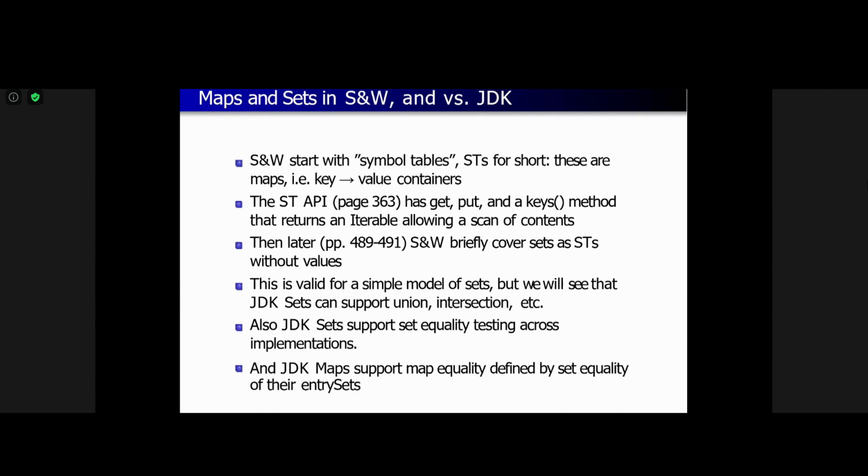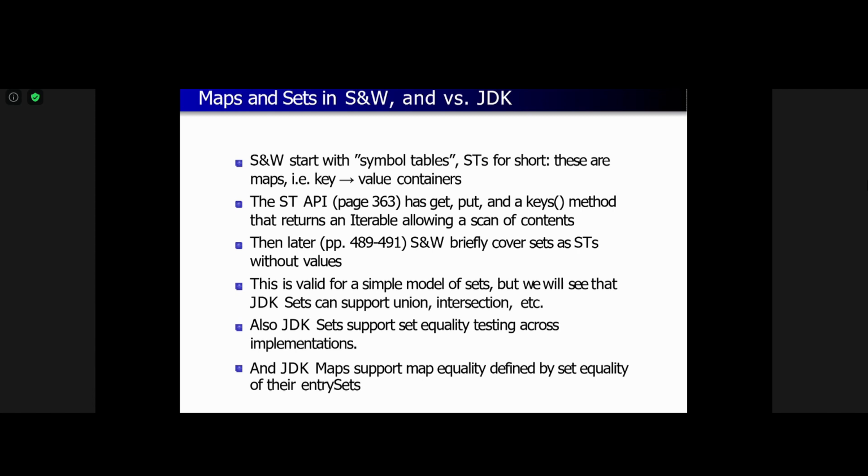And so it's very similar to the simple part of the map API. Okay. So there's just a little bit of coverage in those pages there, 3 pages on sets as STs without values.